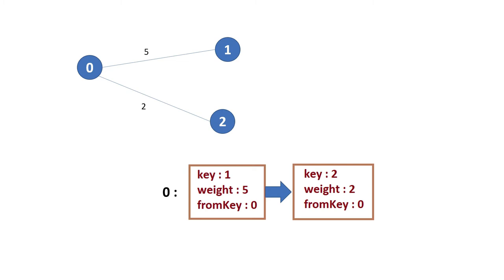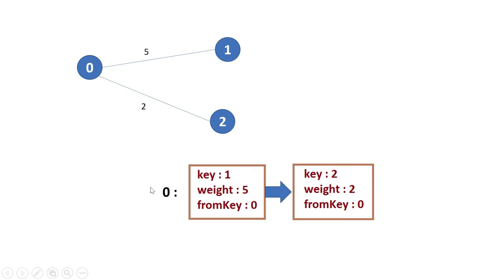In previous videos you must have seen that in an adjacency list, the nodes were maintained as integers, but now, as it is a weighted graph and as we have to solve Prim's algorithm, we have to structure the node in a different way. So suppose this is a part of this graph where from 0 I have two adjacent nodes, 1 and 2, and the weights between them are 5 and 2.